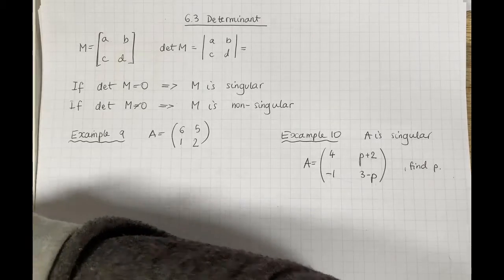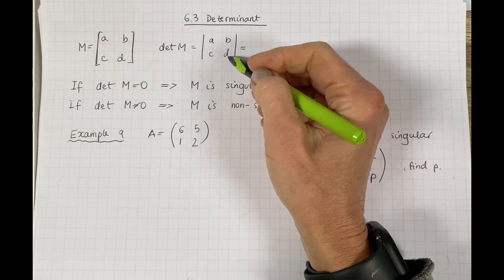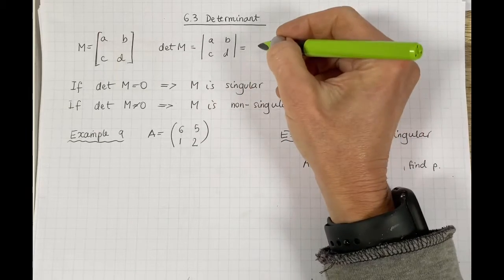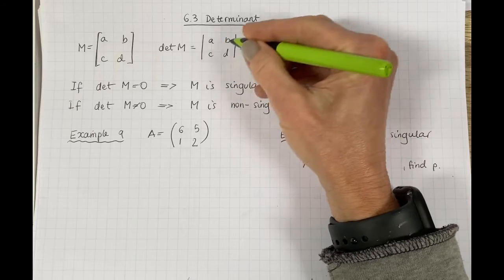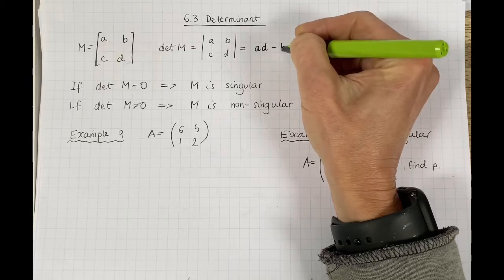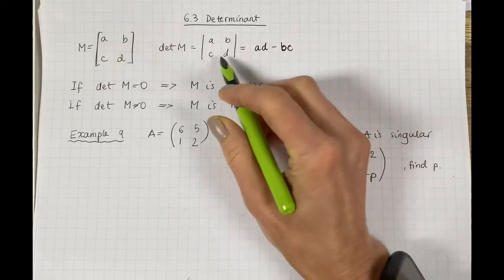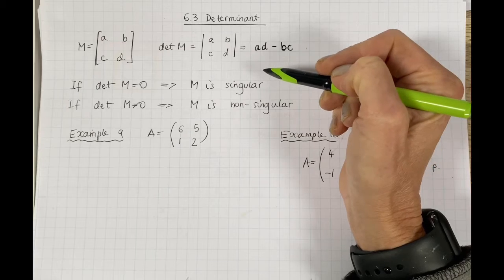The formula is very easy. It's simply A multiplied by D, so you multiply diagonally, starting from top left, minus the other diagonal entries multiplied together, so BC. So AD minus BC. This is the determinant.